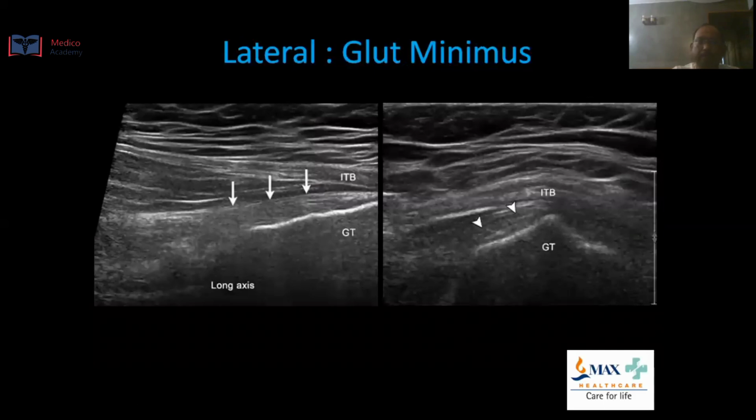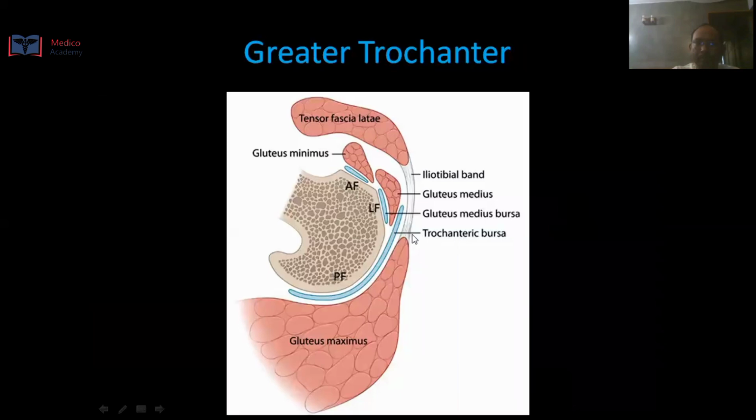In the lateral view, the gluteus minimus needs to be seen deep, where it is attached to the anterior aspect in the short view, and the iliotibial band is seen over it. I would like to explain the anatomical attachments of various structures in the greater trochanter. So this is the greater trochanter where you are able to see the anterior facet. This is the lateral facet.